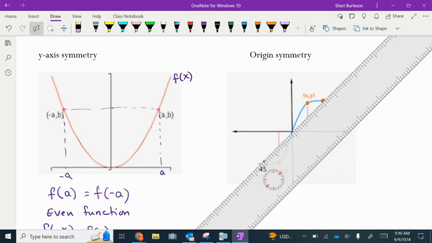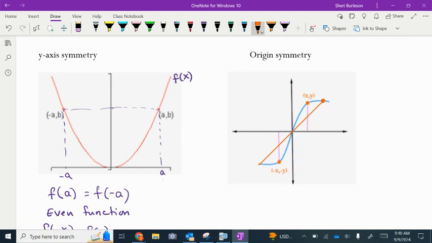So if I take any point on the function and I go through the origin and out the other side the same distance, I'm going to hit a point on the graph. That's what origin symmetry says. From any point through the origin, same distance out the other side, I'm going to hit the graph again.